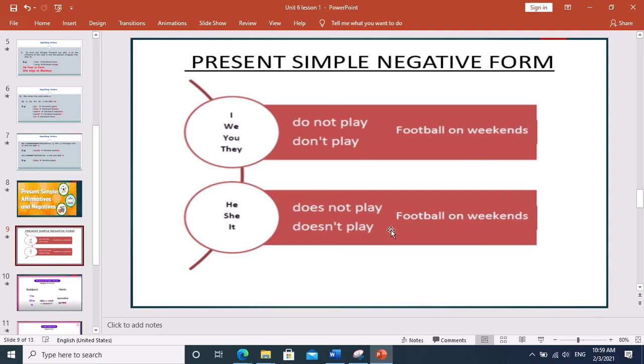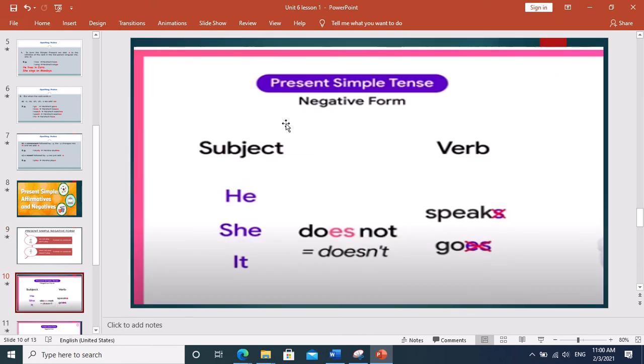I'm not going to add S. Look, subject, he or she or it doesn't speak. Look what I'm doing with S or ES. I have to cancel them when I put my sentence in a negative form of the present simple with he or she or it, with a singular personal pronoun. I have to use doesn't and put my verb without S or ES or IES. I put my verb in the infinitive.